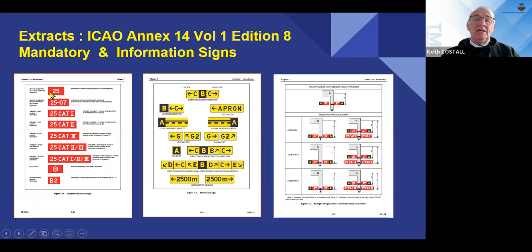And you'll see the legends that are on those guidance signs. If you look at each one of those diagrams on this page of Annex 14, you can see the letters and the numbers are all basically the same size. That's that 40 centimeter concept.